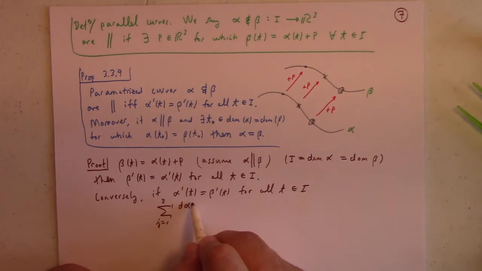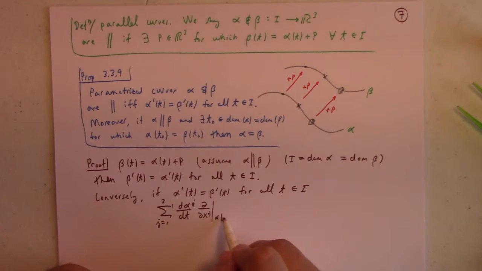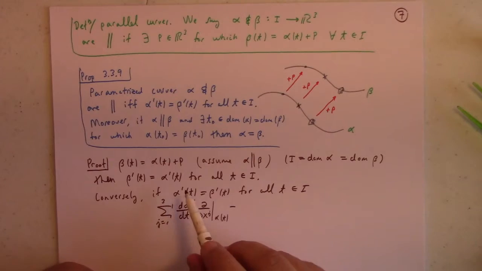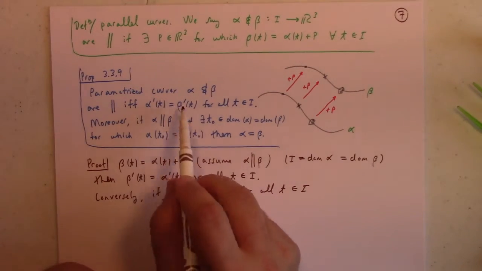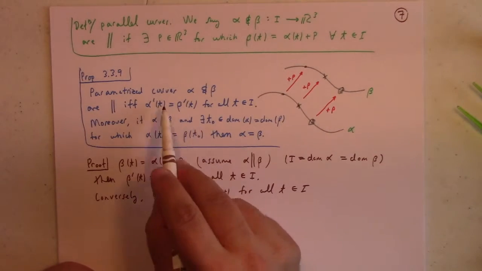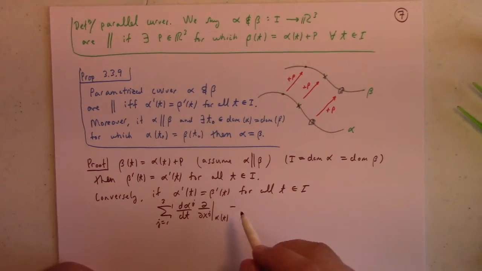The d alpha j dt, where that's the component, partial x j of alpha of t. When we say alpha prime of t is equal to beta prime of t, we're really assuming that they're at the same point. If alpha of t and beta of t were at different points, we're just comparing the vector parts.